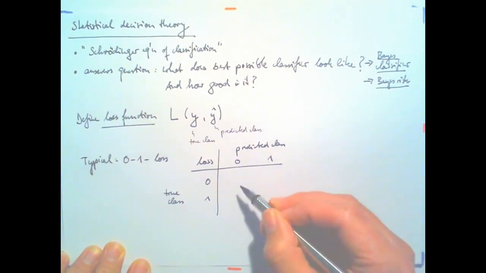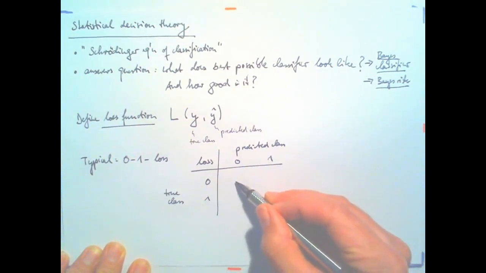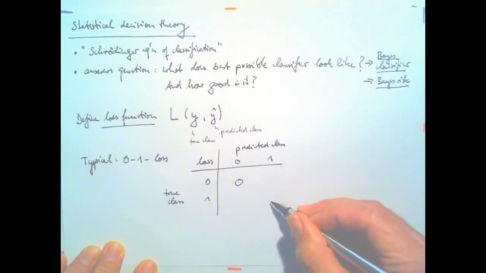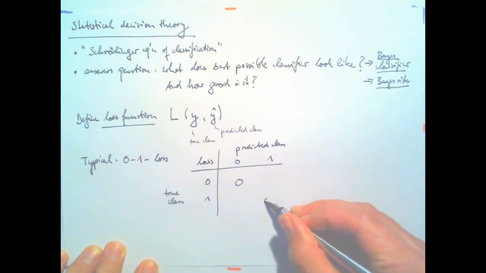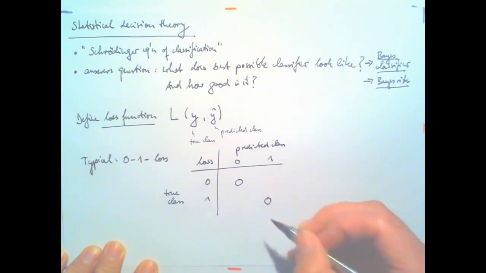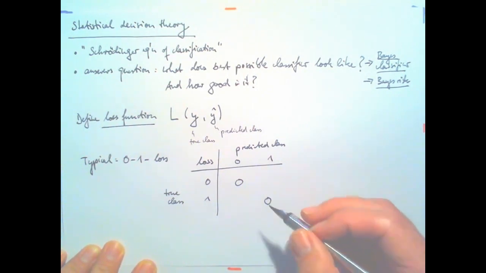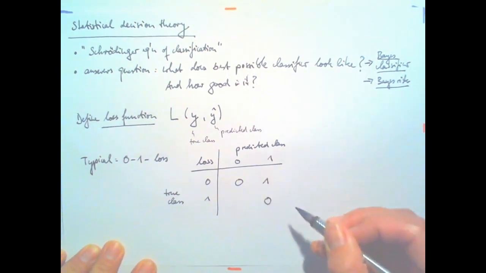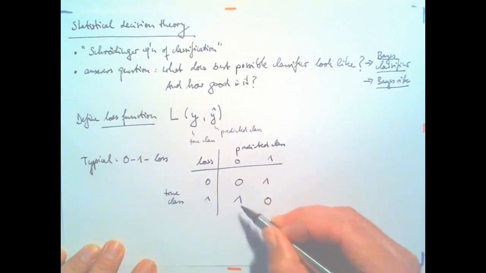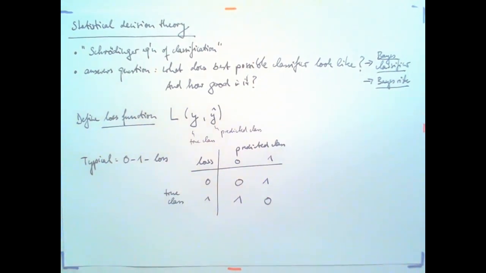So if the truth is 0 and I predict 0, I pay 0. If the truth is 1, I predict 1, I pay 0 because I made the right thing. If the truth was 0 and I predicted 1, I have to pay 1 unit. 1 ice cream, $1, 1 something.